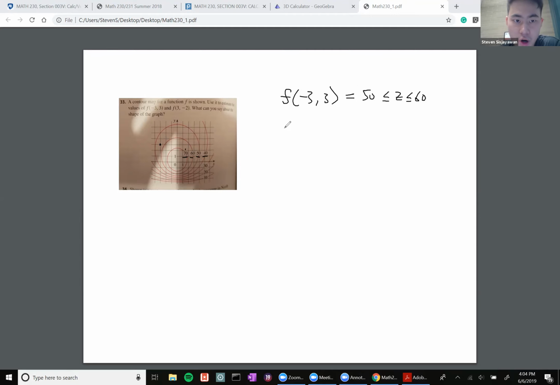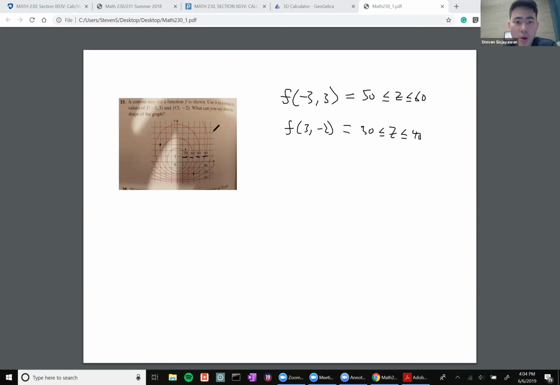For f(3, -2), that's x equals 3 and a y value of -2, which is that spot right there, so in between 30 and 40. We can estimate that as, let's say, 35.